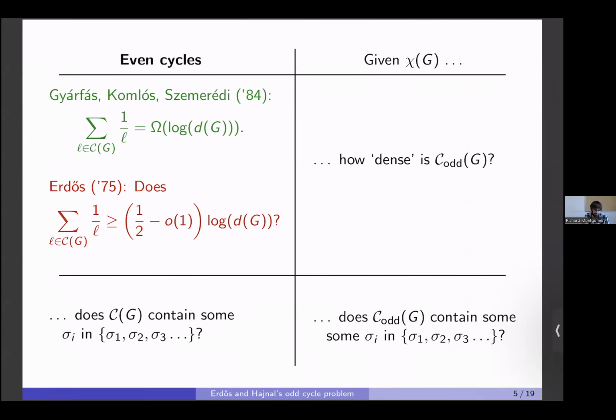And then really the only improvement we might expect to make is this question of Erdős, which asks whether we can prove the implicit constant to be asymptotically 1/2.